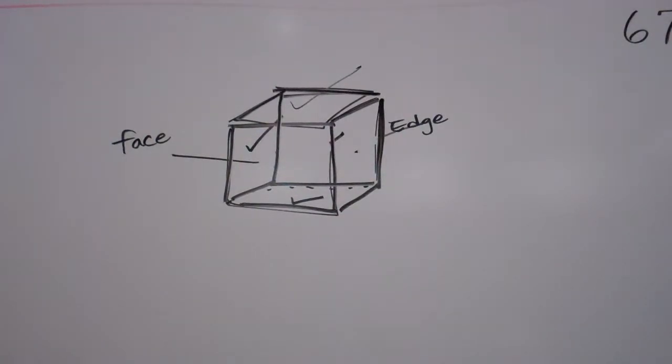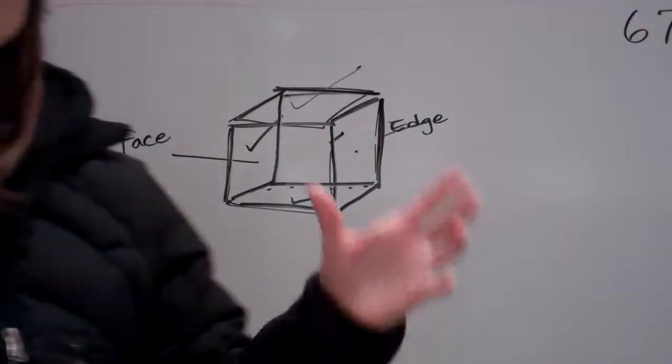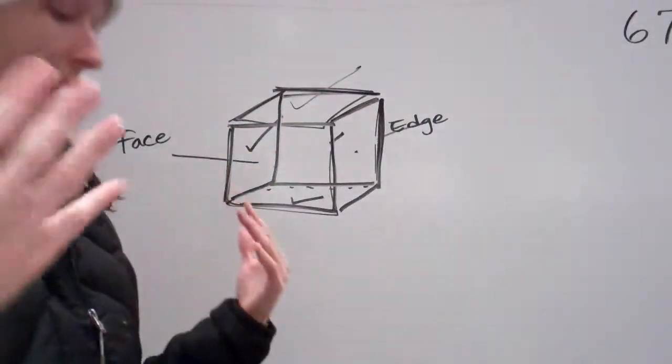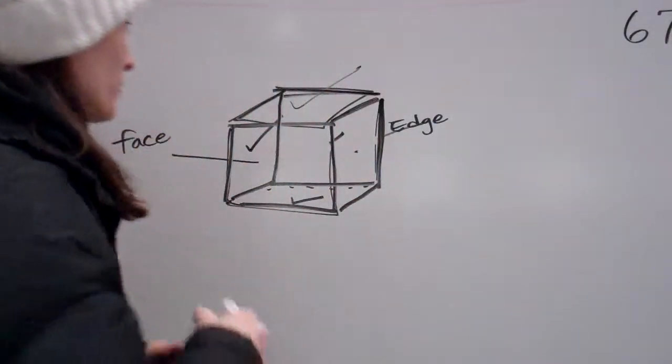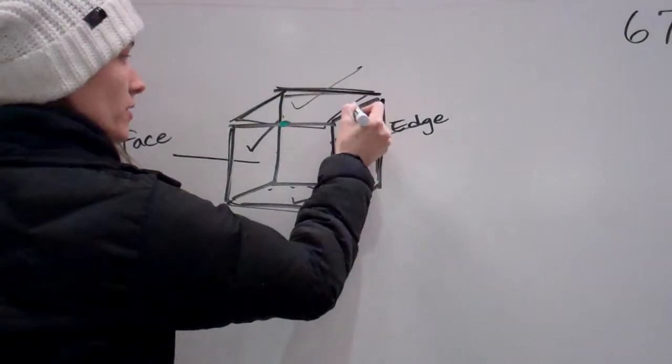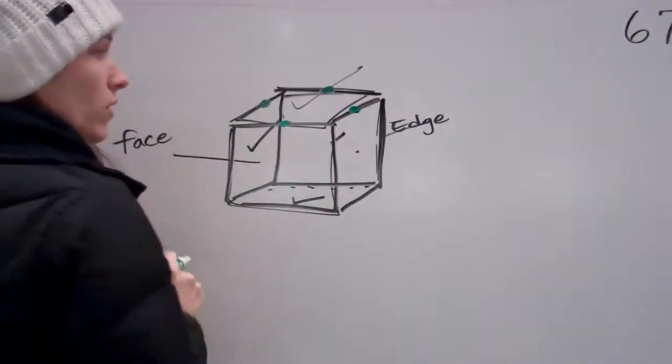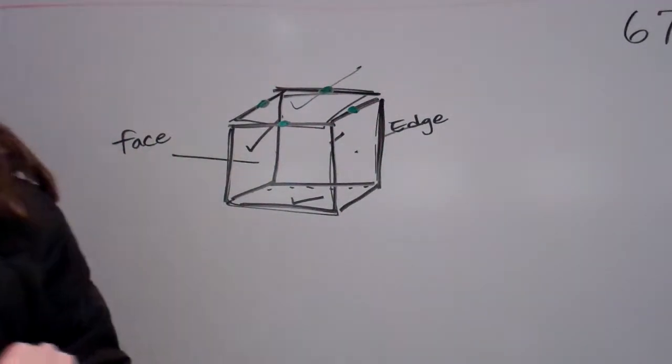You missed the ones going down, because there's going to be 12. 1, 2, 3, 4, 5, 6, 7, 8, 9, 10, 11, 12. There you go. Good job. It's kind of hard when you can't mark them because you don't know which ones you've done. So you may want to actually mark yours like this. 1, 2, 3, 4. You see what I'm saying? If that helps you on your paper, do that.